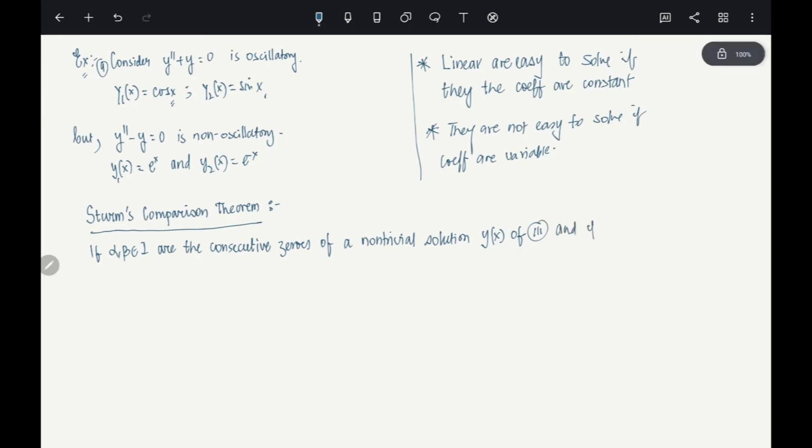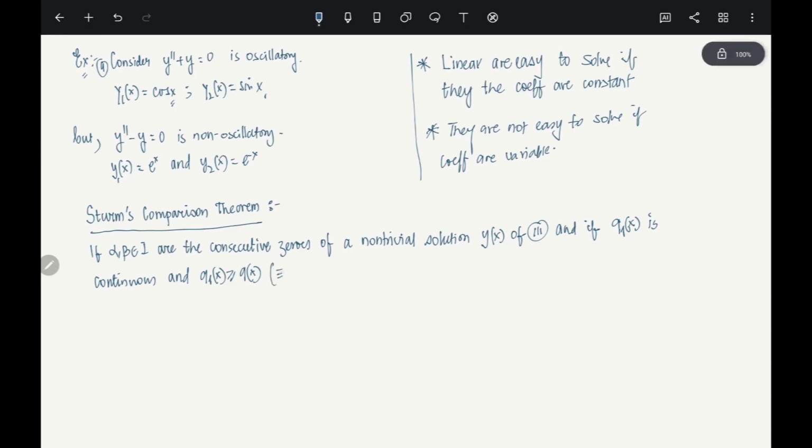And if q1 of x is continuous, there is a function q1 such that q1 of x is continuous and q1 of x is greater than or equal to q of x.